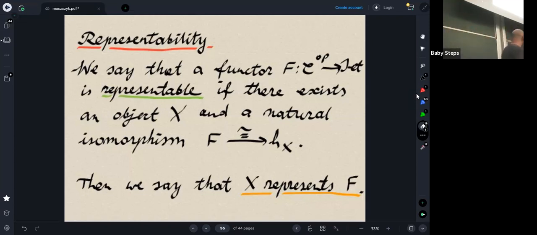Even if you want to classify some algebraic structures, it turns out that you cannot find, let's say, a scheme or a variety parametrizing this, being the fine moduli space for this problem. So this means that this moduli functor encoding this moduli problem is not representable.